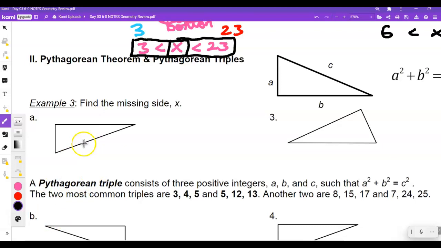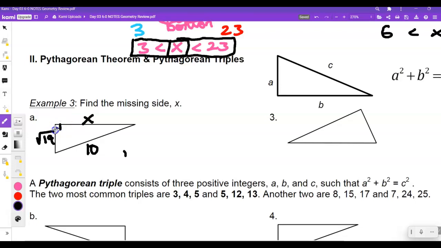Let's see here. Let's say this is 10, and let's say this is the square root of 19. Go ahead and find x.